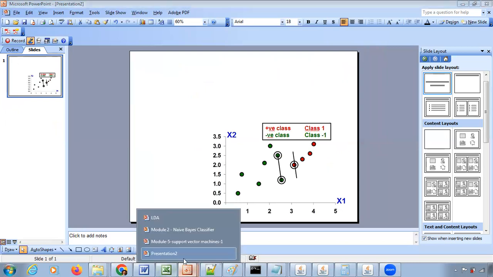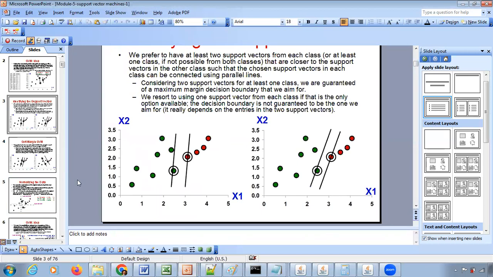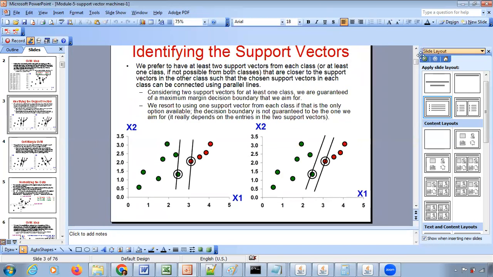Let's go back to this slide. So if we have just one support vector from each class, let's say like this, I include this green data point as a support vector and this red data point as a support vector.